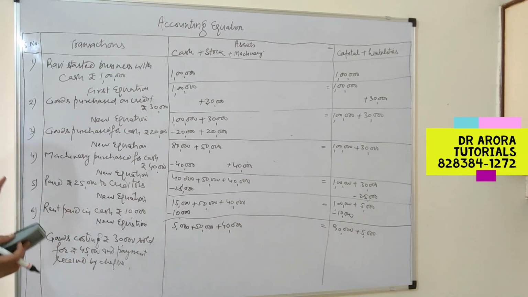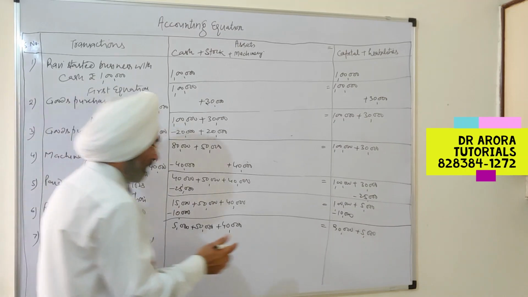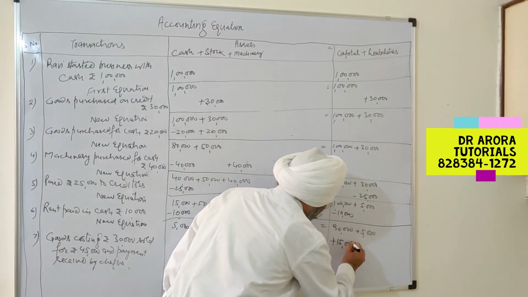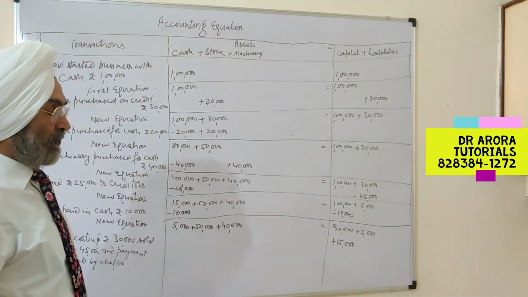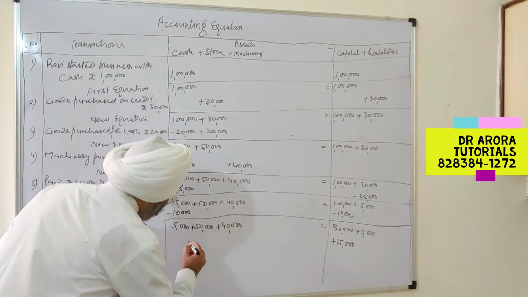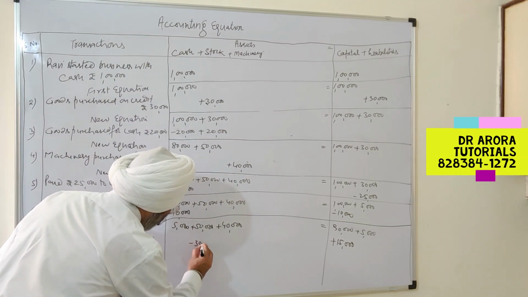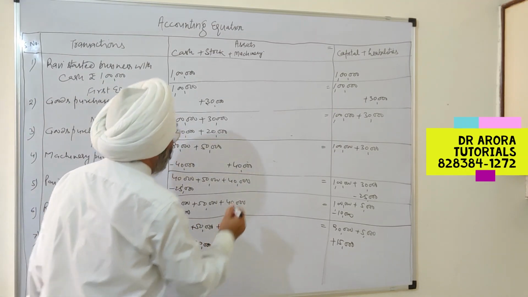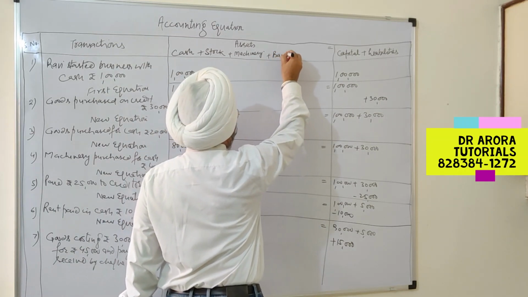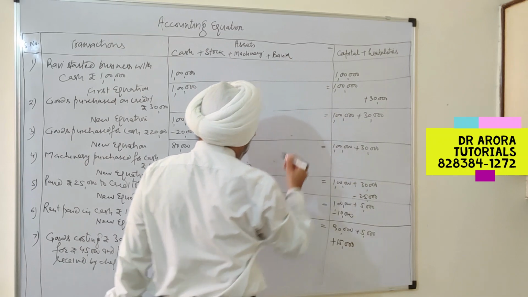It means there is a profit of 15,000. If there is any income, any profit, our capital will increase. Our stock worth rupees 30,000 will be decreased, and because we are receiving a check, our check will be deposited into the bank.